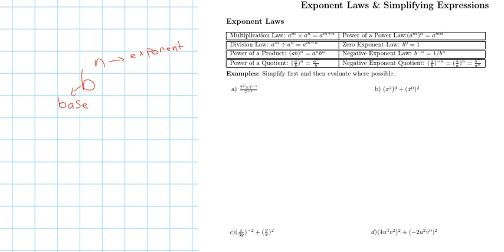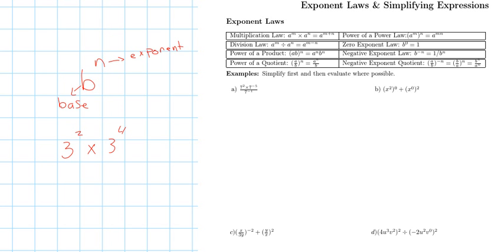In order for me to be able to use the exponent law, I must have the same base when I'm either multiplying, dividing, or doing power to the power. Otherwise I cannot use the exponent law. Let's say I have 3 to the power of 2, multiplied by 3 to the power of 4. What is my base for the first one? 3. What's my base for the second one? 3.